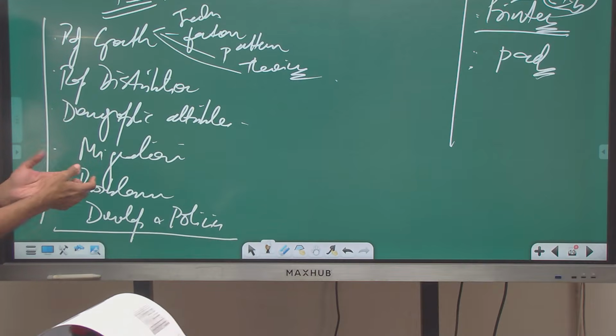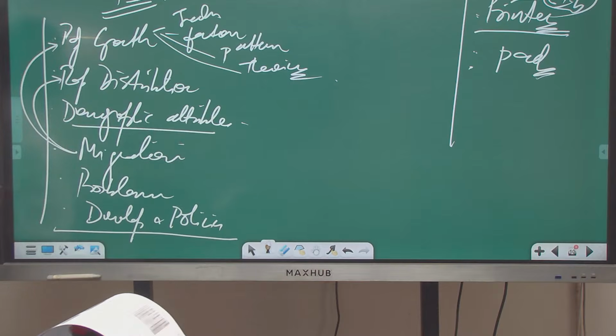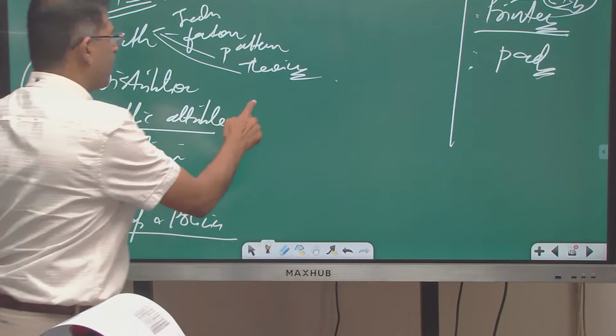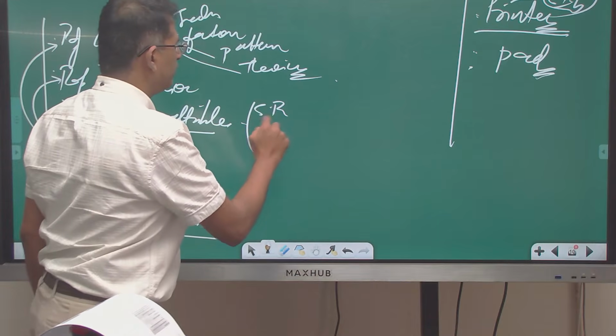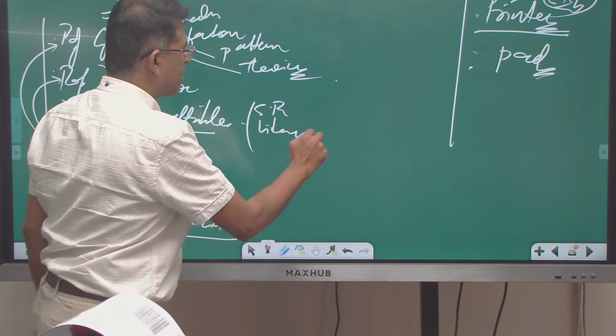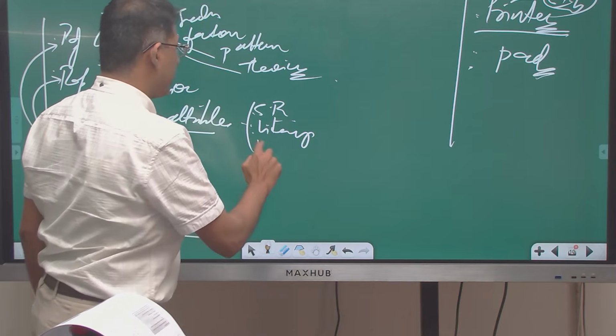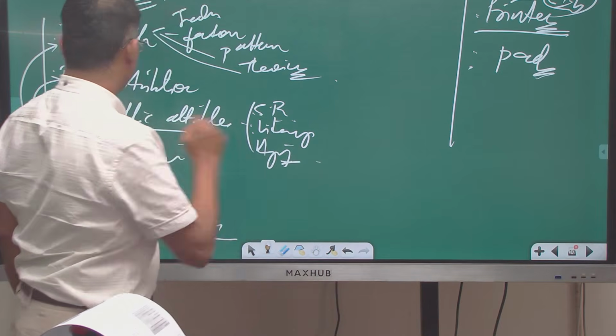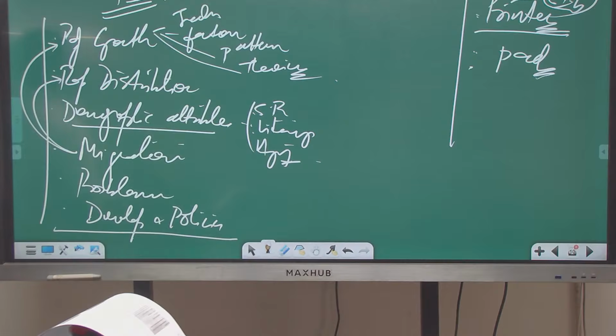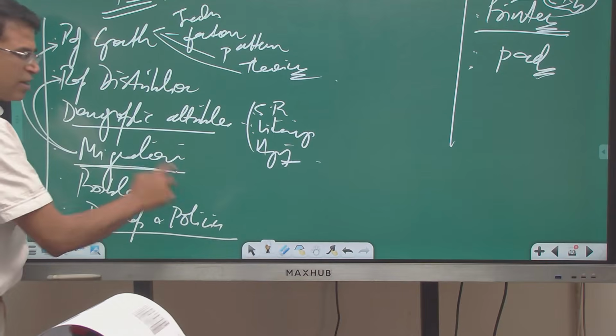Migration is part of distribution, it's also part of growth. Distribution, demographic attributes, like I said, sex ratio, literacy rates, like aging population. Demographic attributes: what are the properties? Attributes. Migration is one topic.